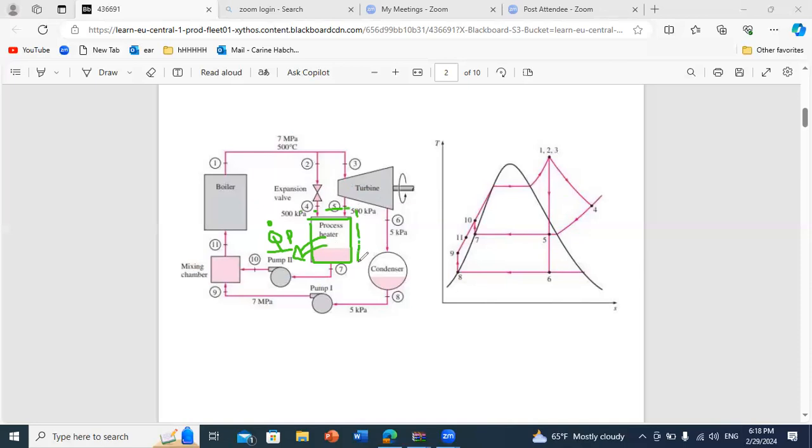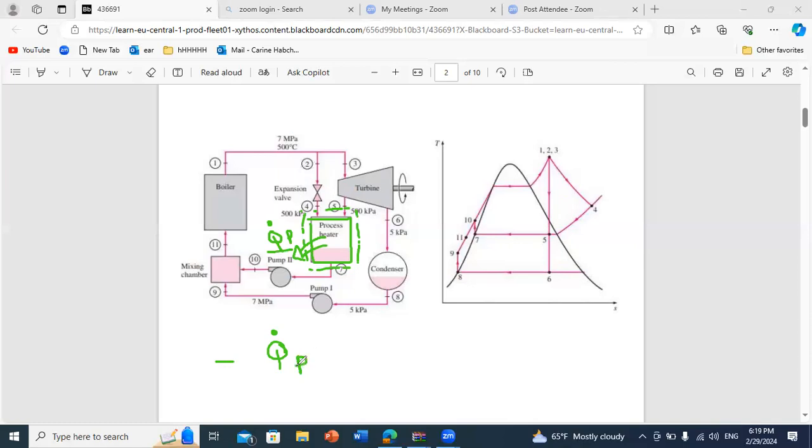If I take the heater as a system, I apply as usual the energy balance. Since in the process heater Q dot will be negative because it's out, you can say minus Q dot process, because it's out.